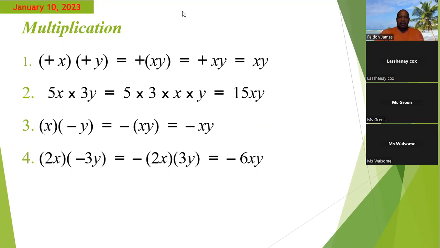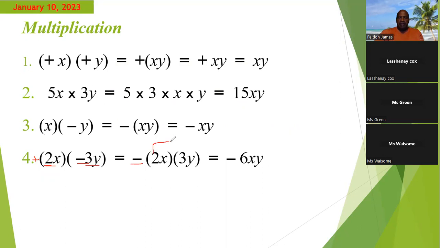Now, following the same principle as above, we multiply the numbers together. So we multiply the 2x by the negative 3y, and because we have positive 2x times negative 3y, when we multiply positive times negative, we get negative.